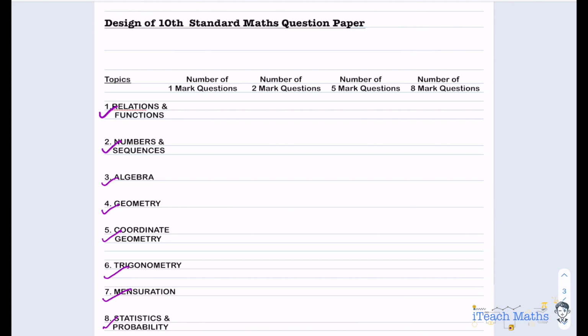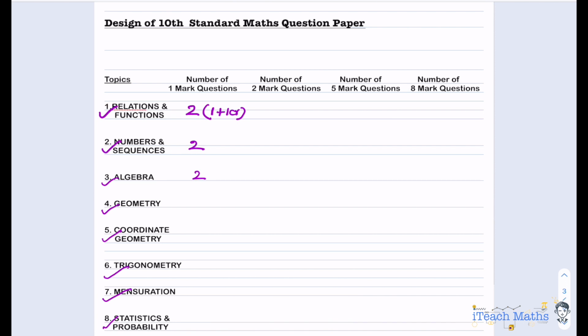Now, let us go into detail with the distribution of the 1 mark questions. In the first chapter, we have 2 questions, out of which one is from the text and one is a created question. The second chapter has 2 questions from the text. The third has 2 questions from the text.